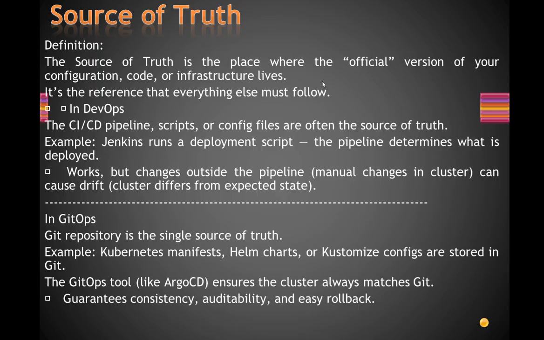The pipeline determines what is deployed, and it works, but changes outside the pipeline, such as manual changes in the cluster, can cause drift. In GitOps, the source of truth is Git. Example, Kubernetes manifests, Helm charts or customized configs are stored in Git. GitOps tools like Argo CD ensure the cluster always matches Git, guaranteeing consistency, auditability, and easy rollback.